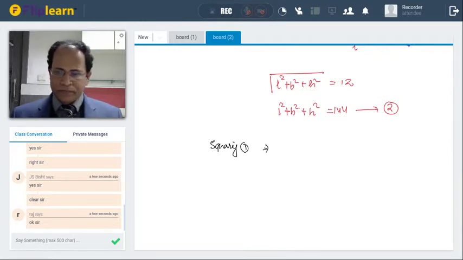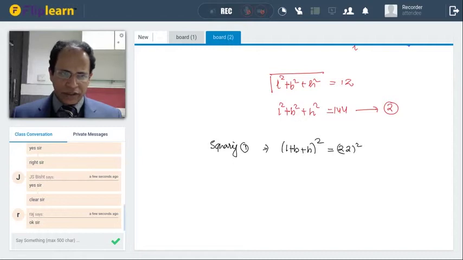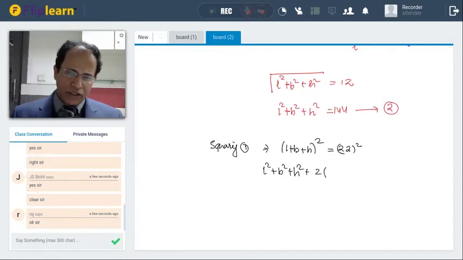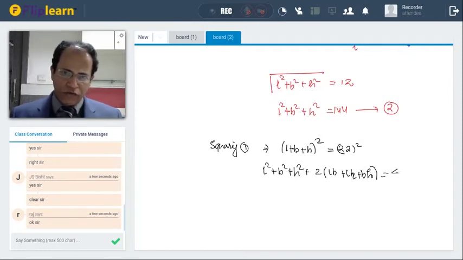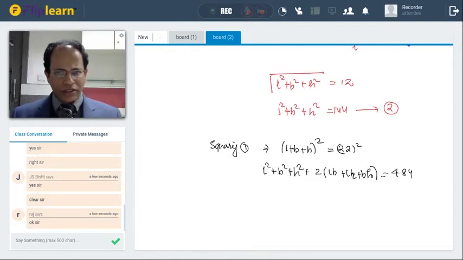Now this becomes (L plus B plus H) whole square, equal to 22 square. I can write it as L square plus B square plus H square plus twice of (LB plus LH plus BH), equal to 22 square, which is nothing but 484. So simply we have done it.